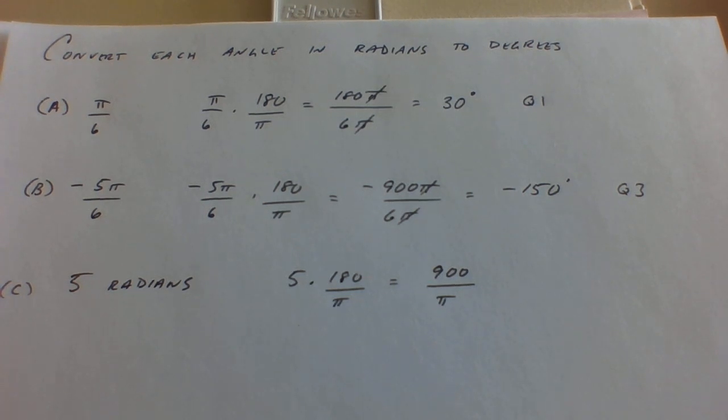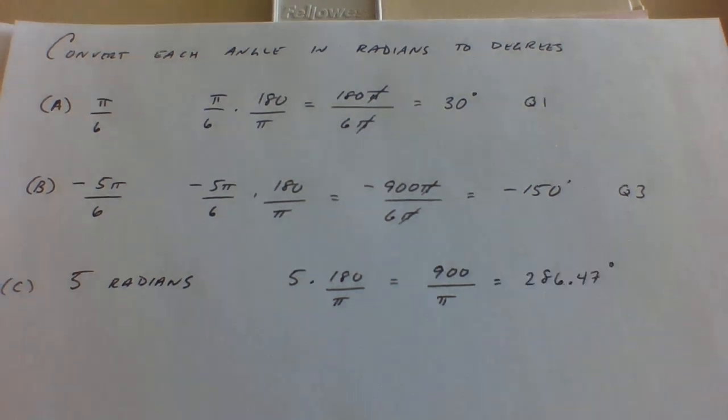I can still take this out to a decimal. You're going to type it in just like you see it onto your calculator. It's going to be 900 divided by pi, and you should have a pi button on your calculator. Go ahead and use that instead of using 3.14. I took mine out to 2 decimals, so 5 radians would be equivalent to about 286.47 degrees.